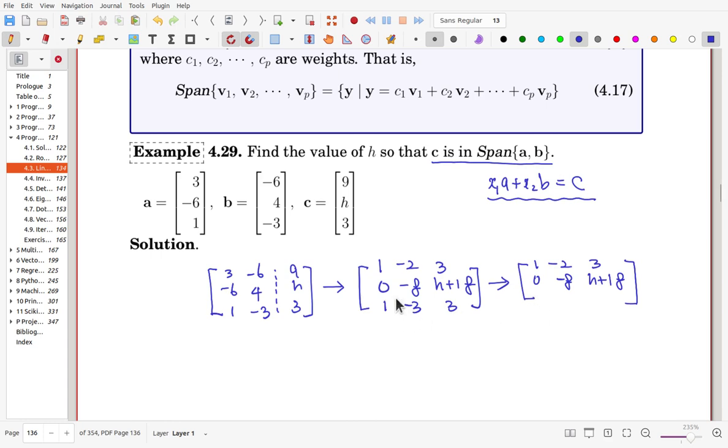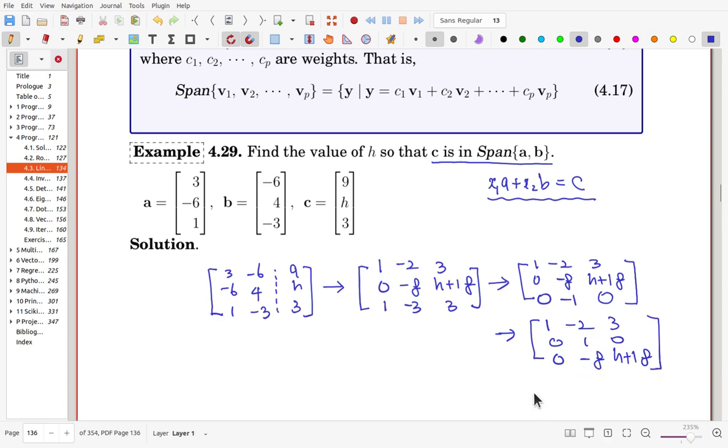Now, for that one, after subtraction it is 0, and subtraction minus 1, and here subtraction will make 0. Right? After changing the row we reach here, and scaling with minus 1, 1, minus 2, and 3, 0, 1, 0, and now 0, minus 8, h plus 18.